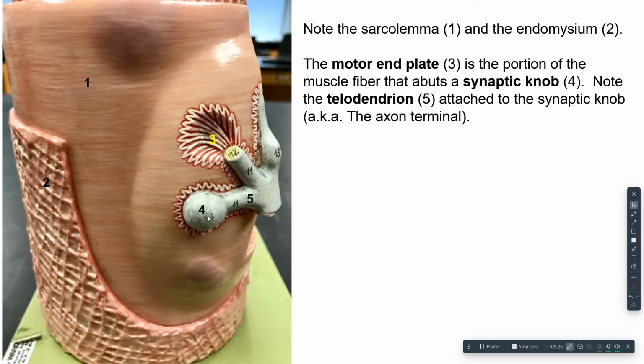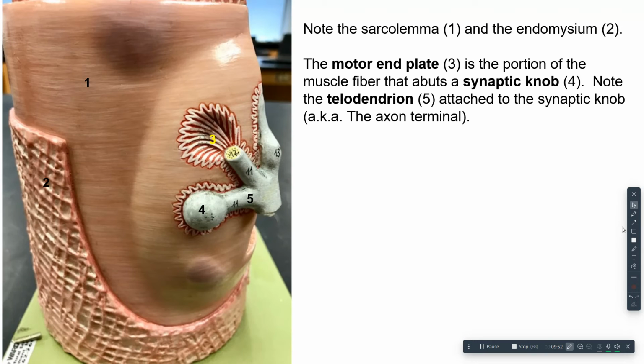So in here I would find synaptic vesicles with neurotransmitters that are going to be released, and they're going to stimulate this muscle cell to ultimately contract. So telodendrion, axon terminal, and right here they cut the axon terminal away to show me the part of the sarcolemma that's synapsing with the axon terminal.